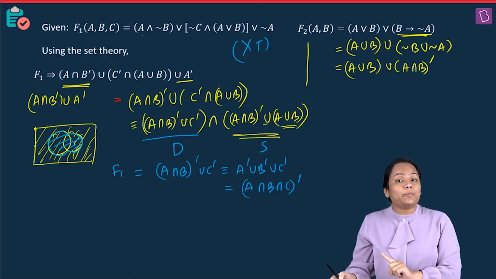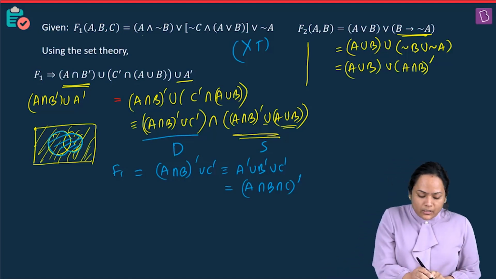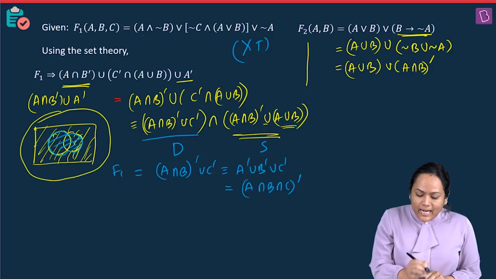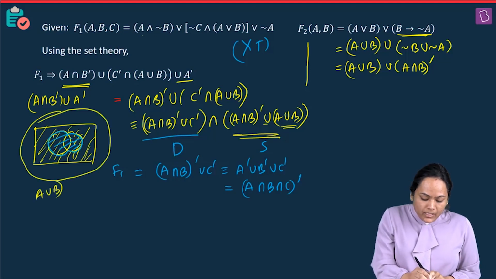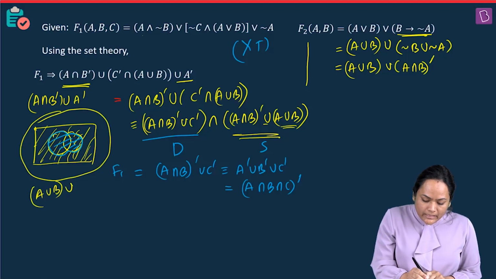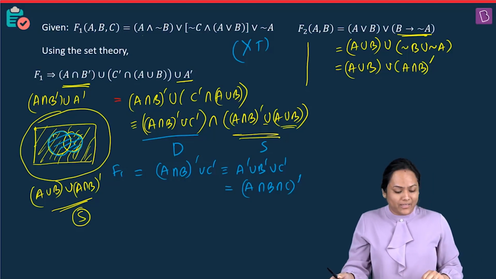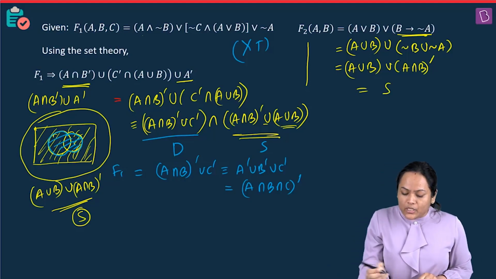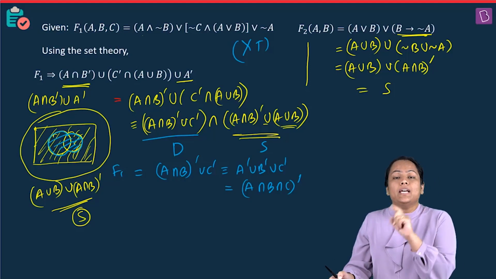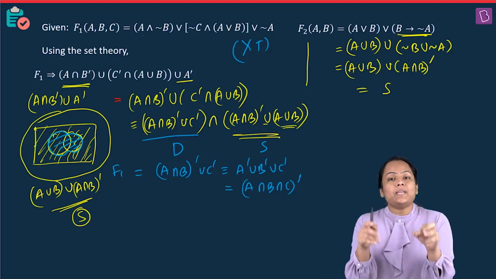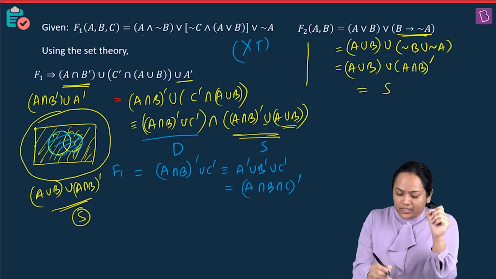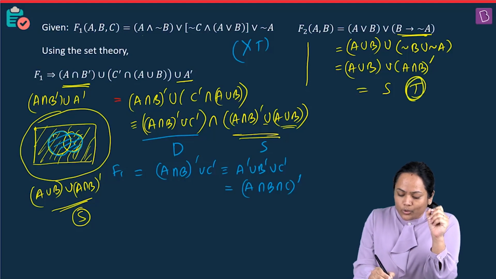And what does that mean? We have just seen on the left hand side that A union B union with A intersection B whole complement gave me the entire sample space, right? So this is equal to the entire sample space. And if it is giving me the entire sample space, definitely this will be a tautology.